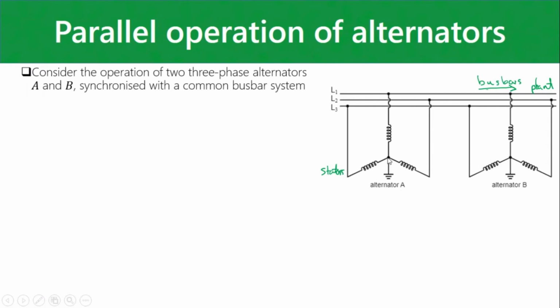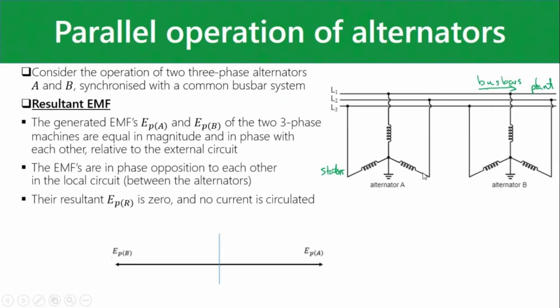So now let's say we've got alternator A running already. Then we synchronize alternator B in phase with it. It must have the same frequency. It must have the same phase difference. Otherwise, there's a problem. So is there any EMF? No, there's no EMF difference between the two.